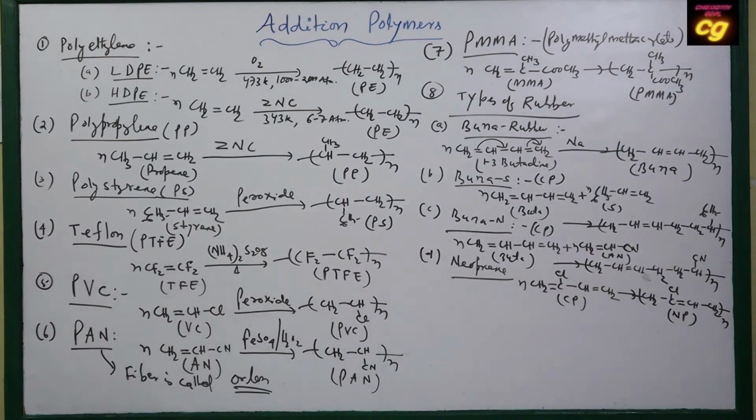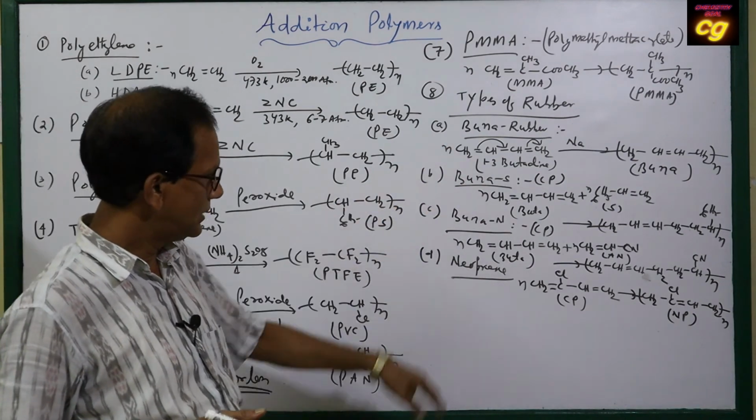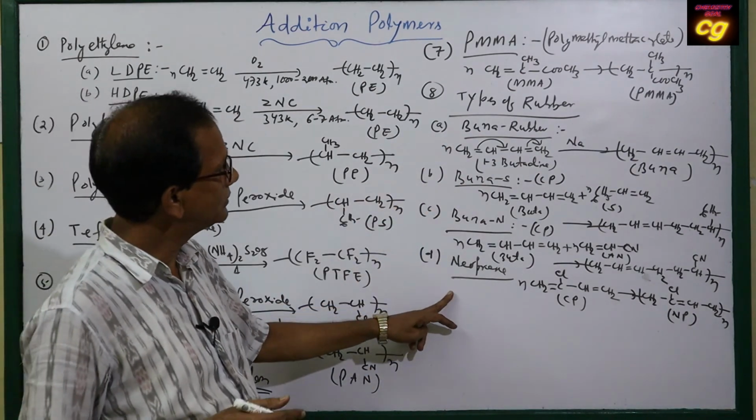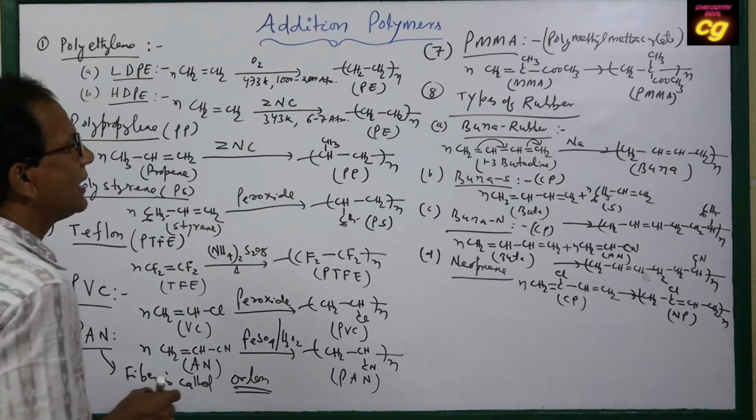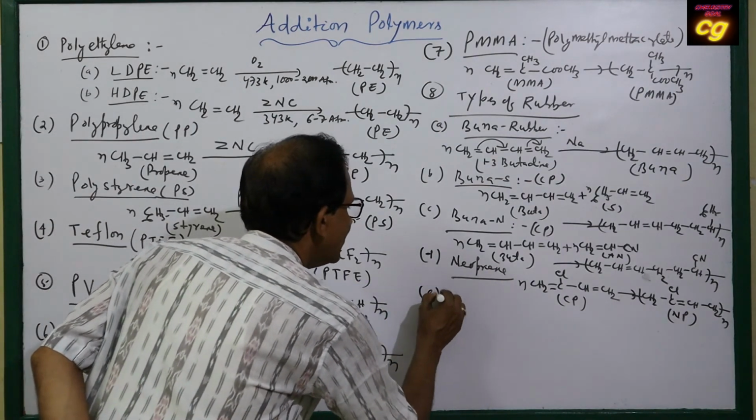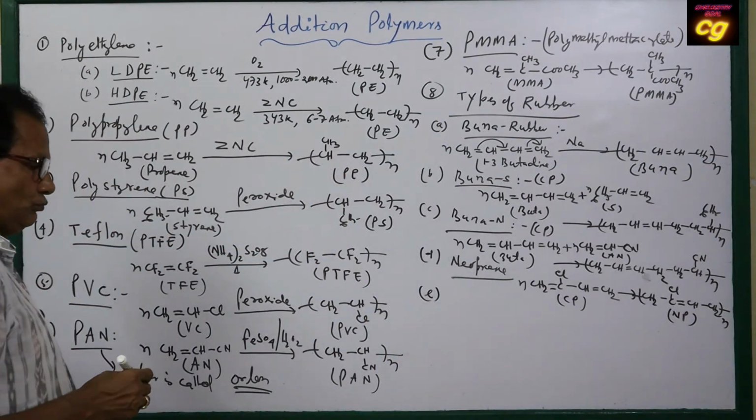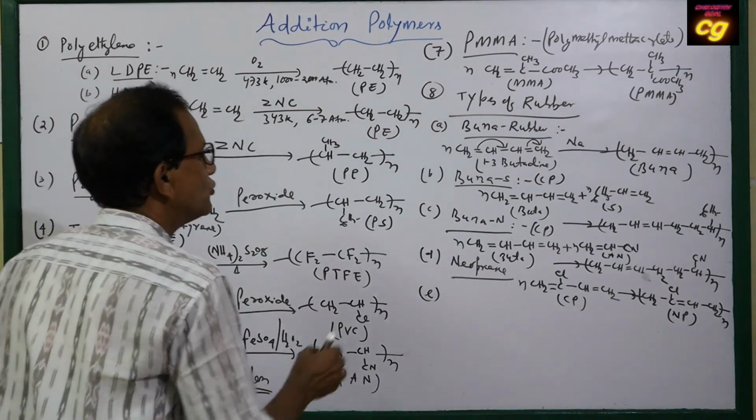This is one type of rubber. Then another, we can say Buna N, Buna S, then neoprene, that is Buna rubber. Then another important type of rubber is polyisoprene, natural rubber.